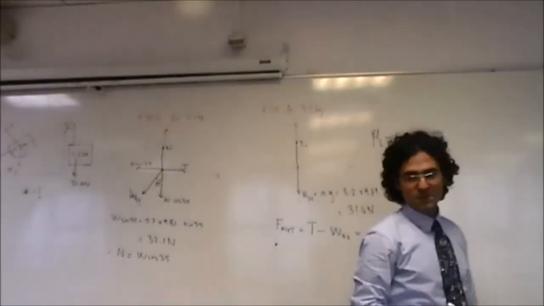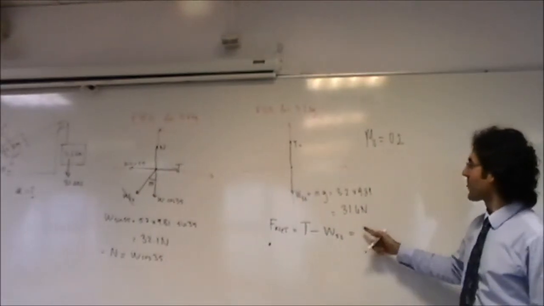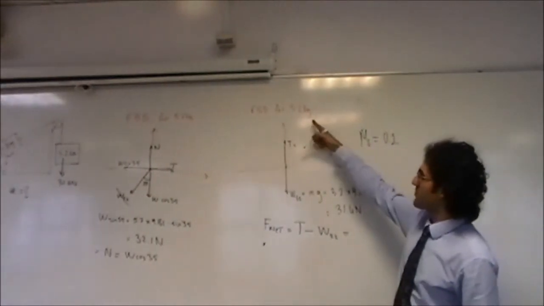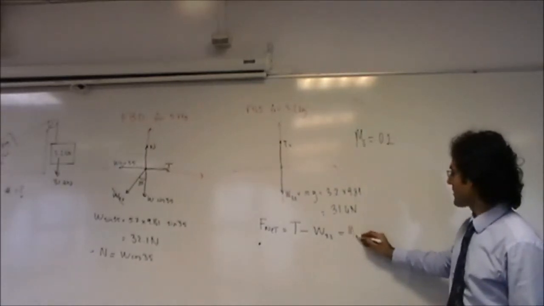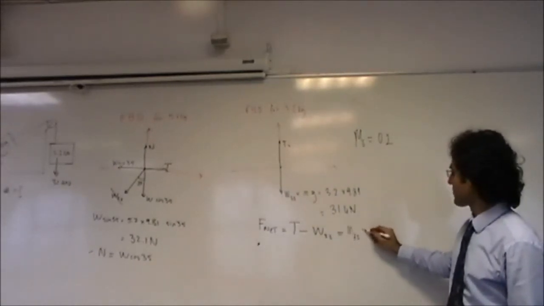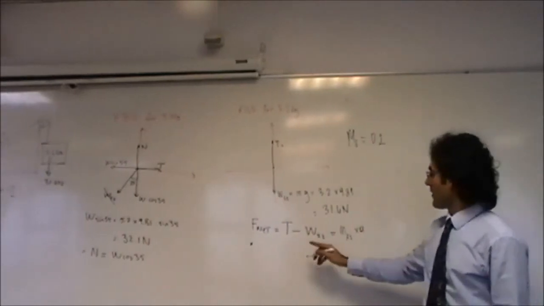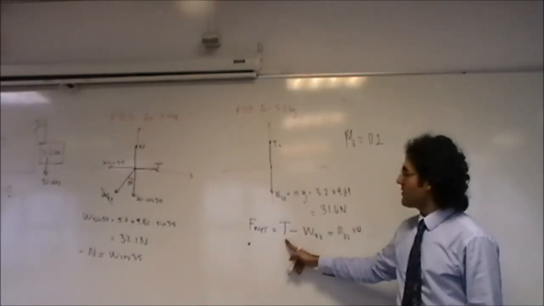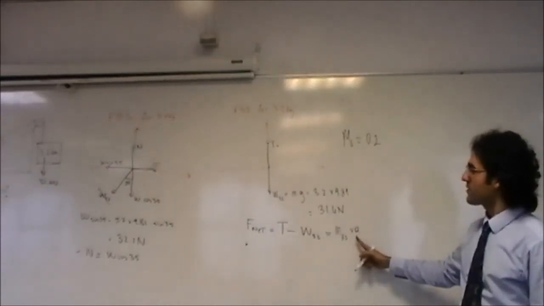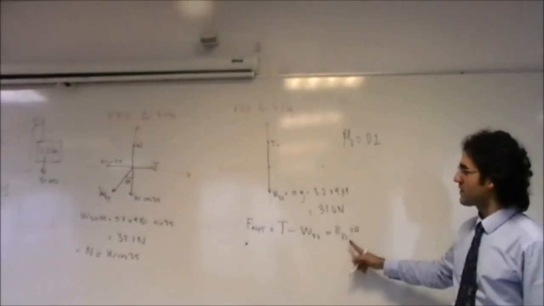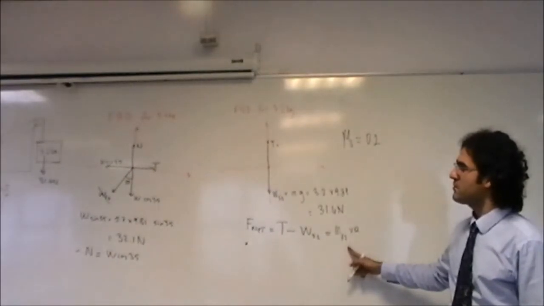According to Newton's second law, net force is equal to mass times acceleration. Since I'm looking at an object which has a mass of 3.2 kilograms, that is the mass that I will use multiplied by acceleration. Tension is an unknown. I can calculate weight, but I don't know acceleration, so there are two unknowns, and I need one more equation to find this out.